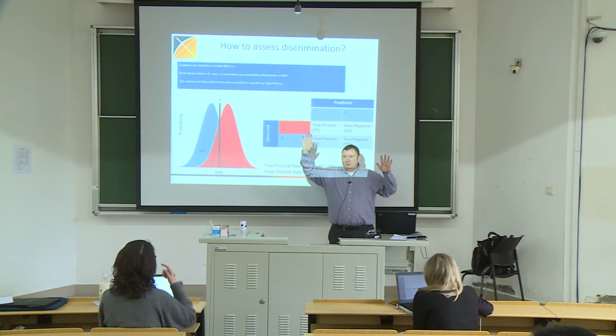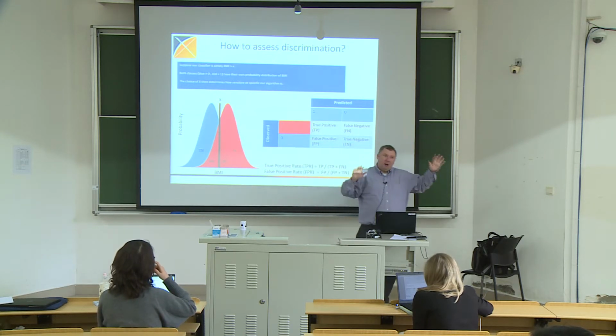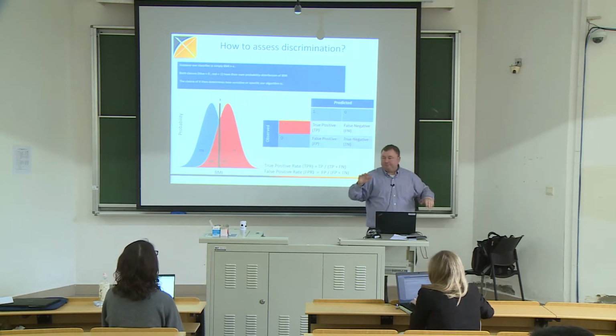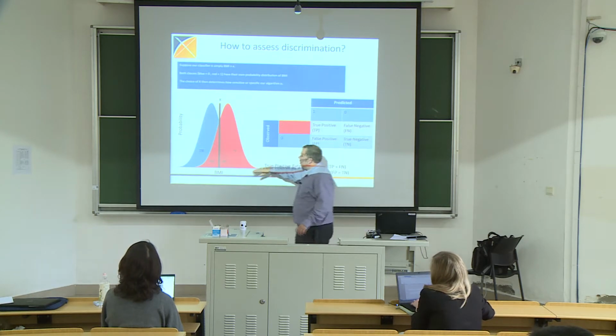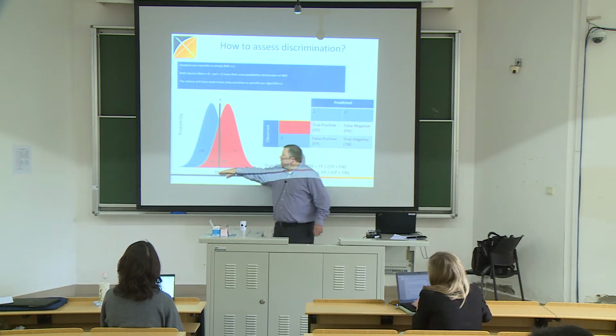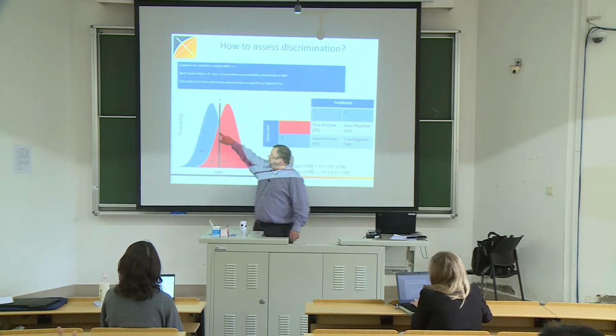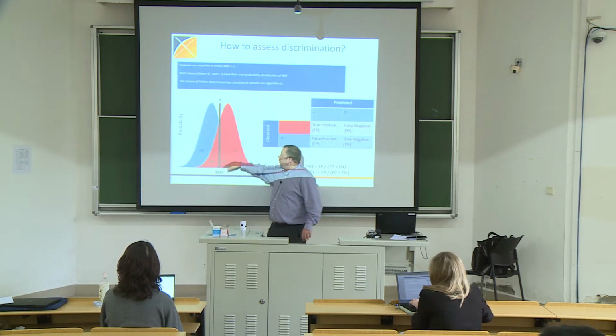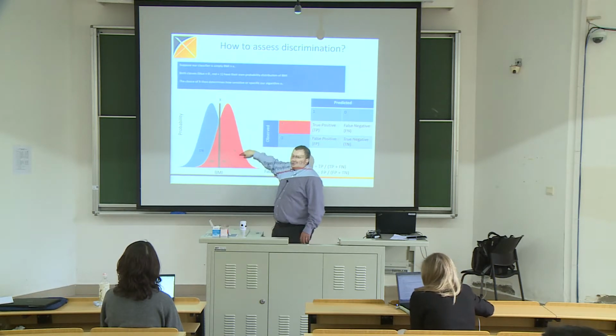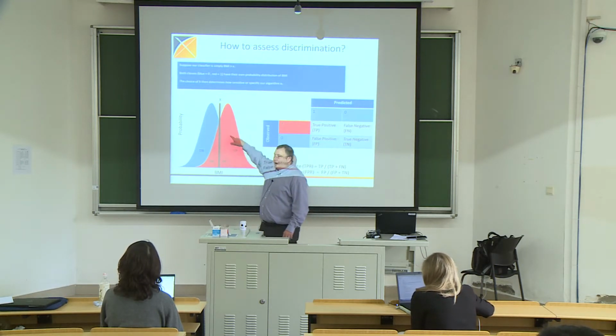The probability for the people who actually got the outcome, and the probability for the people who didn't. So in this picture, imagine we had some prediction score where the people in blue represent the people who didn't have the outcome, and this is their probability score. And the people in red represent the distribution of probabilities for the people who did have the outcome.